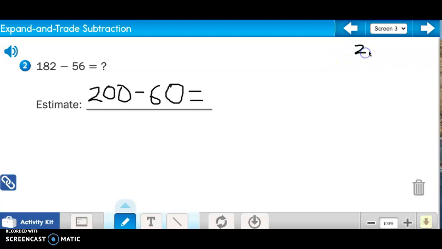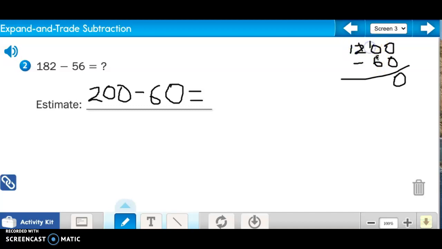Let's see. I'm going to put it over here because sometimes if I go up and down, it makes it easier for me. So minus 60. So 0 minus 0 is 0. And 0, I'm going to borrow here. So this is going to become 1.